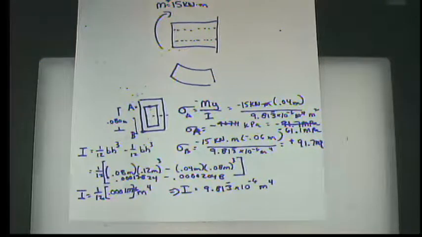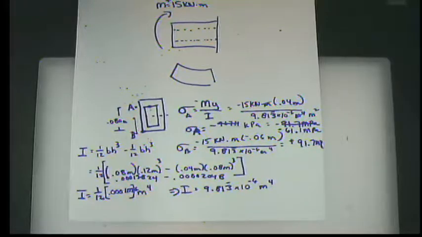So do you have any questions about that? Like I said, depending on where you are with moments of inertia, you may have to go back to your statics book and review that a little bit, but we're not going to ever go to the integral form. We're just going to do it. If you need to review something, review the parallel axis theorem, and we'll do that. But mostly, just remember, we're always taking the moment of inertia about the neutral axis, which is at the centroid of the cross-section by definition.